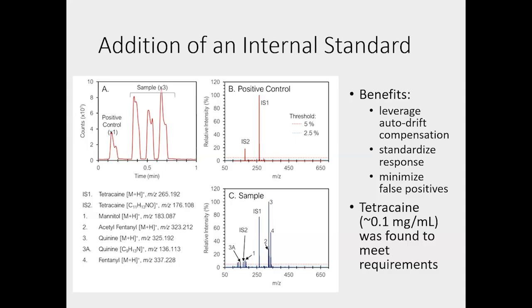And we found that it's helped us to make sure that our samples are within the range that it will get mass accuracy on the instrument. And it's also helped us to know if there is a sample that does not contain a drug, because you would just see the internal standard and you would not see any other substances in the search list. Next slide.